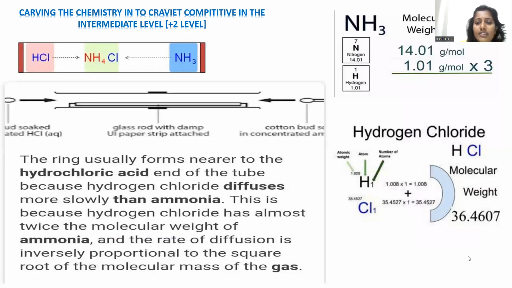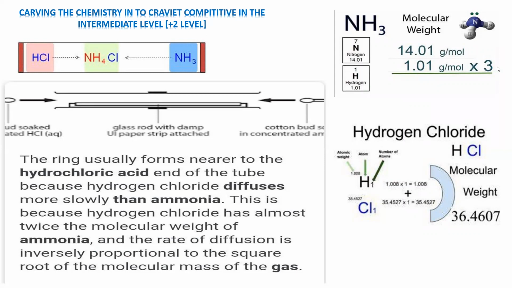This can be explained according to their molecular weights. The molecular weight of hydrochloric acid is taken as 36.5. For ammonia, 7 is the atomic number and 14 is the atomic mass of nitrogen, and 1 is for hydrogen.